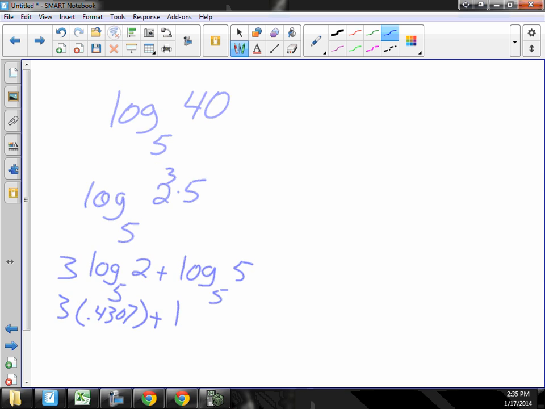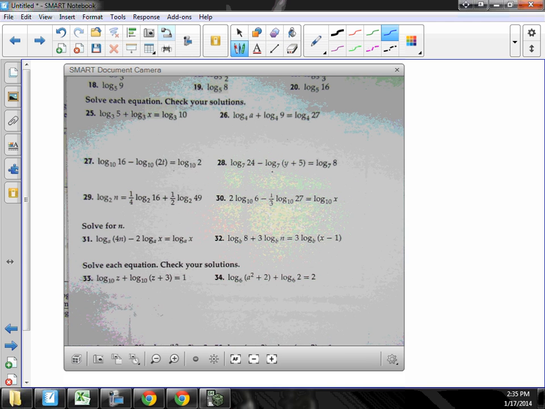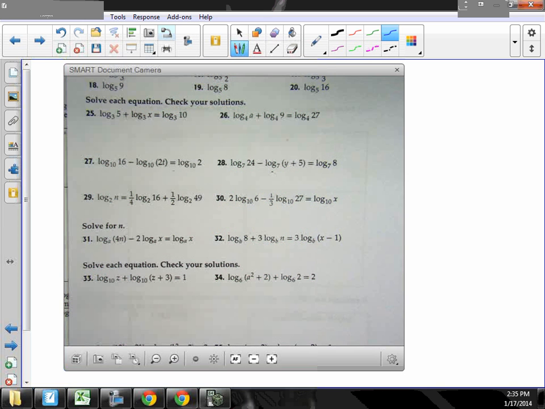Okay. Look at number 25 on 9-3. So what we have here are 2 logarithms added together equaling a third logarithm.